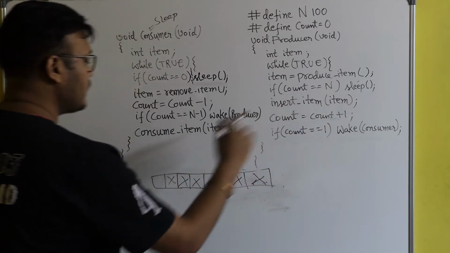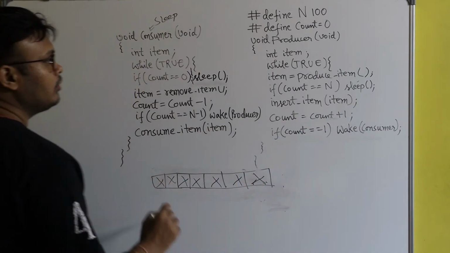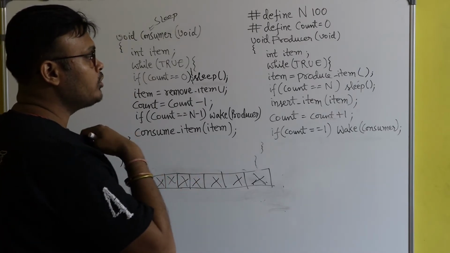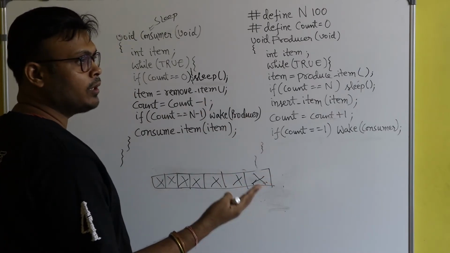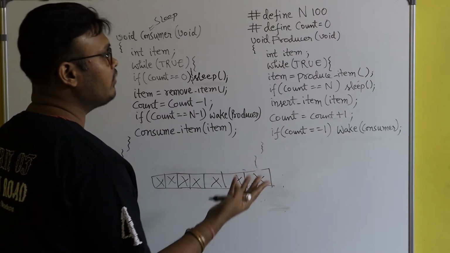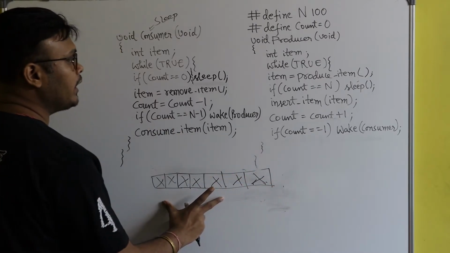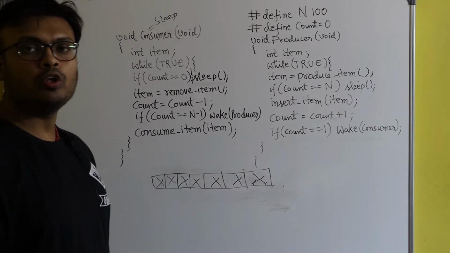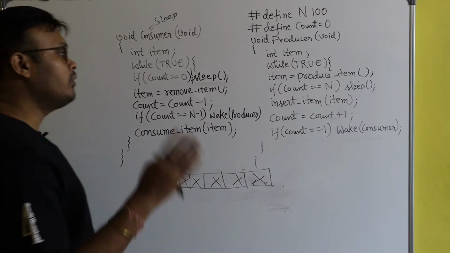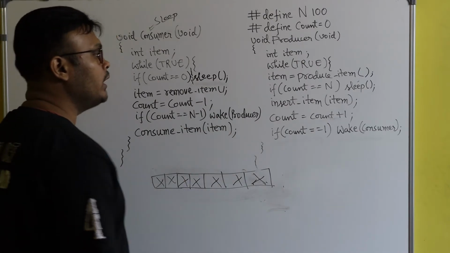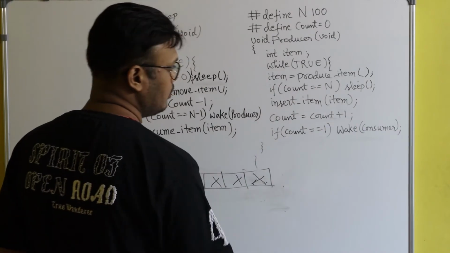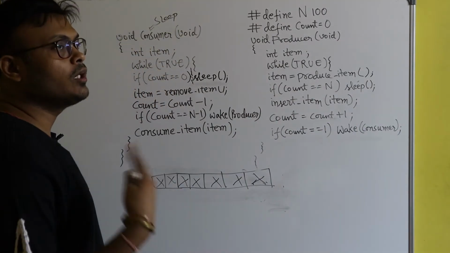So he is continuously producing items. After continuously producing, definitely the buffer will get filled up. When the buffer is full, the producer can't produce anything, so the producer will invoke this sleep system call. So now the producer will sleep.